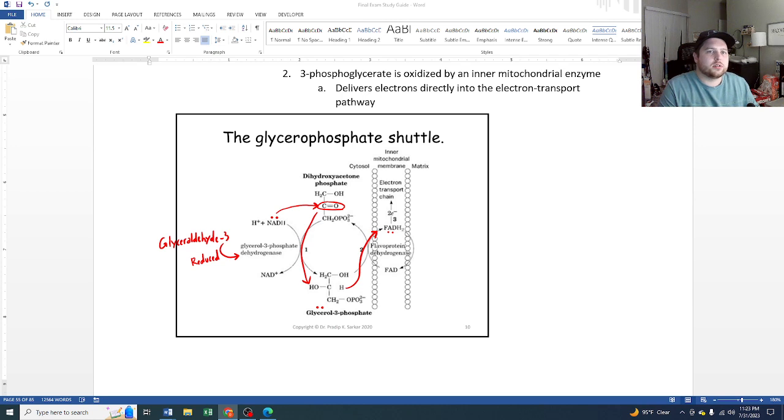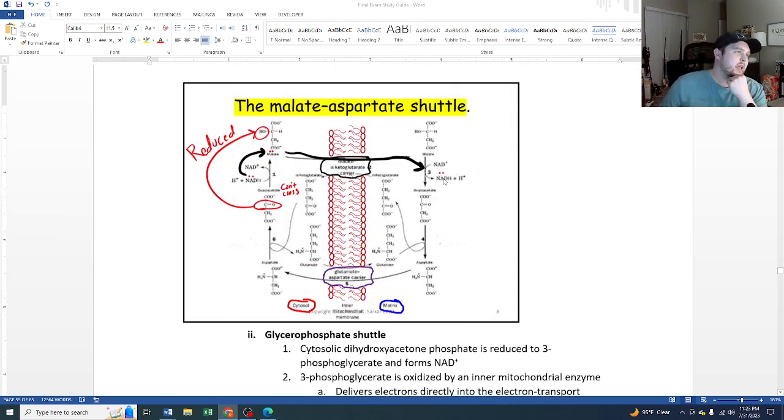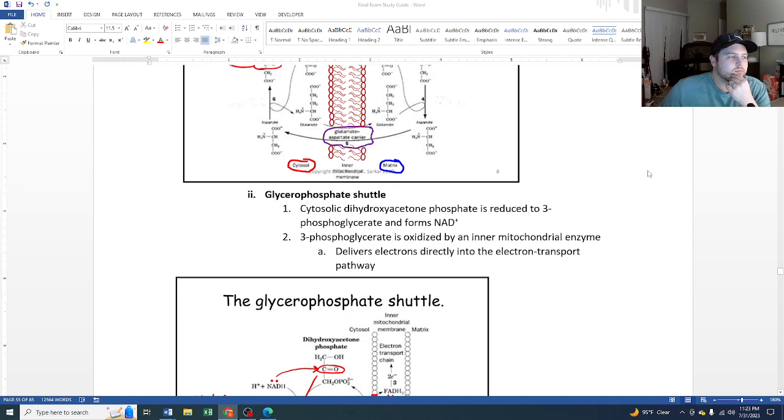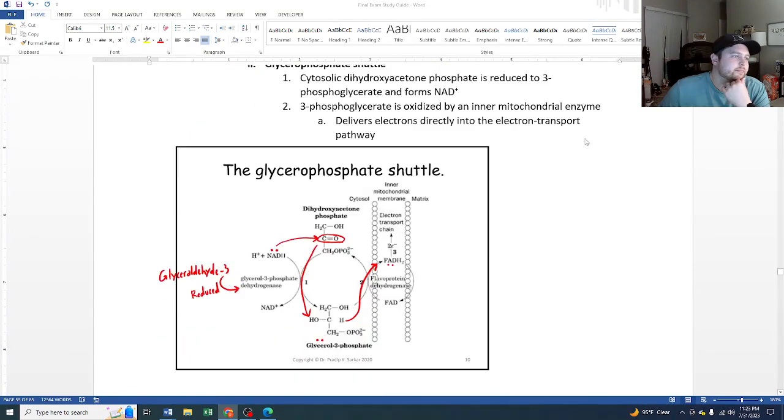That was it: the glycerophosphate shuttle is used in the skeletal muscle and the brain, and the malate aspartate shuttle is in the kidneys, the lungs, and the liver, if I remember correctly. Big one to remember: the kidneys and the liver. This happens in the liver.